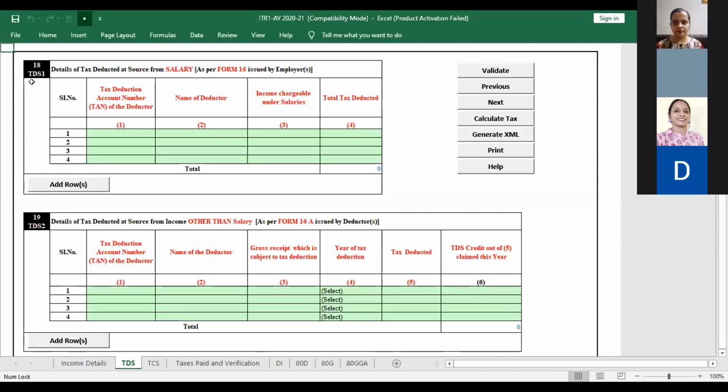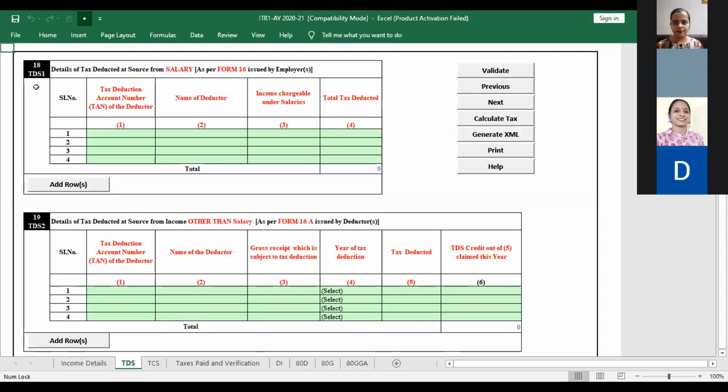So whenever the employer deposits the tax, you will keep getting messages on your mobile. Tax for your first quarter is so much. Tax for your second quarter is so much. Tax for your third quarter is so much. So this tax that the employer has deducted all across the year and deposited under your name, he will give you a salary certificate or a TDS certificate saying that he has deducted this much tax and given to you. That certificate is called Form 16.